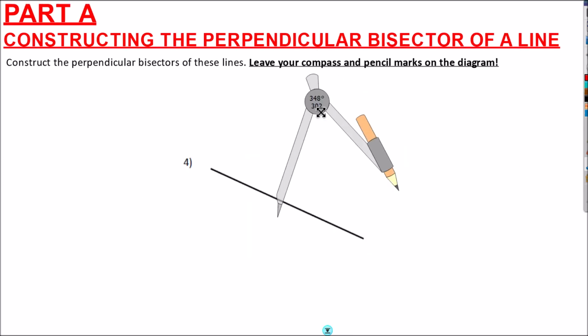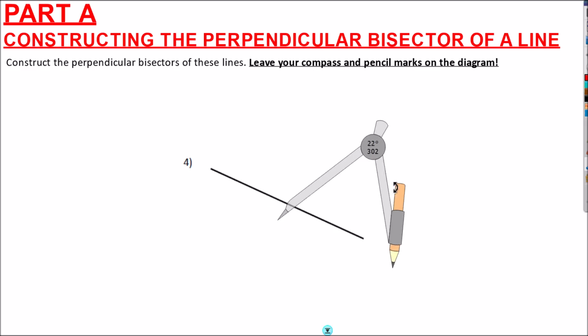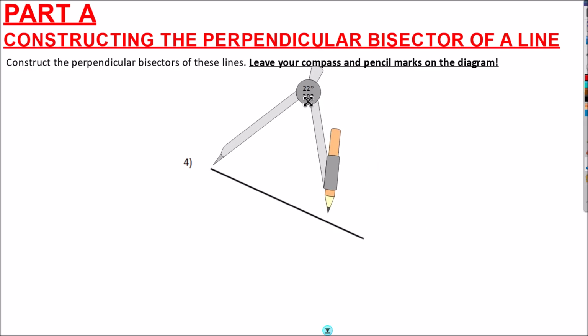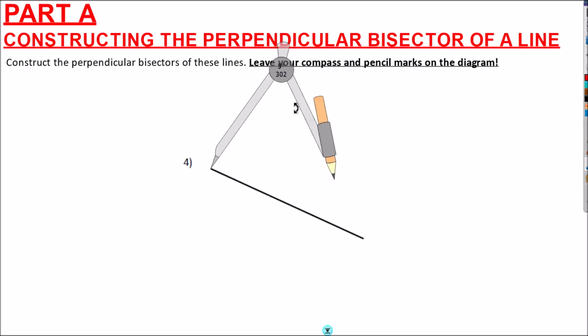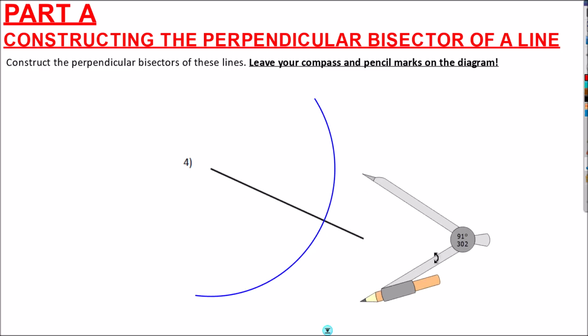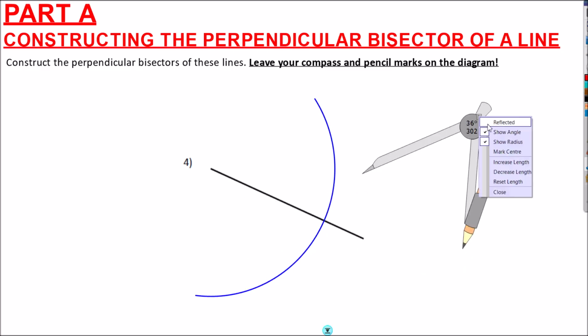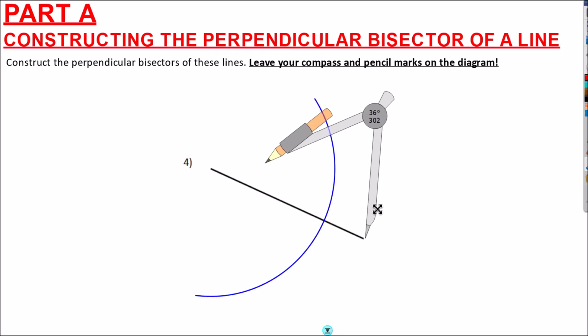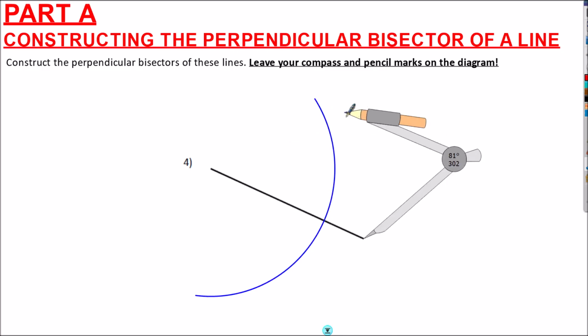Question 4. Same deal. Compass needle at one end of the line, a big curve above and below. Switch to the opposite end of the line. Keep the compass width the same, and a big curve above and below this one.